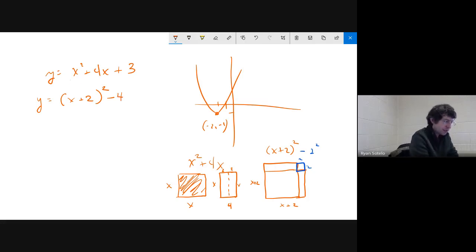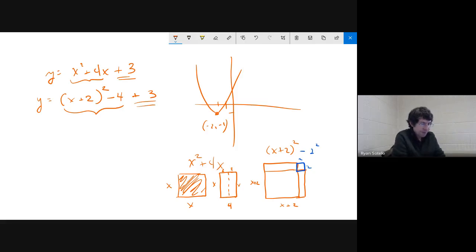Now this is the same as what I just wrote. But remember, I still have that plus 3. So I have this, that's equivalent, and I still have that plus 3. And that's the procedure. You take the x term, make the perfect square, subtract whatever that new number is squared, and don't forget that you still have that constant hanging out on the right side.